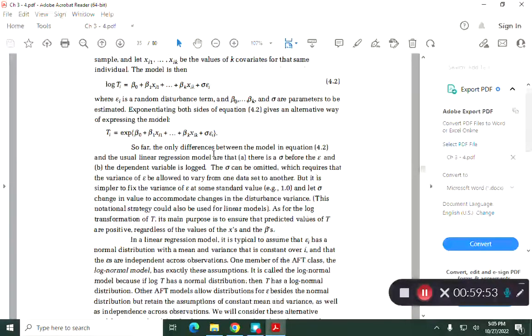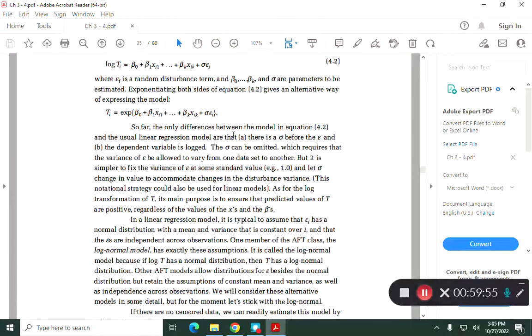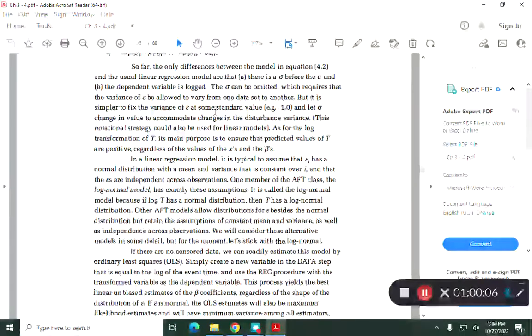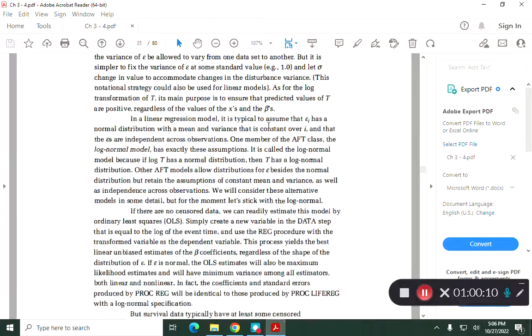But that phi could strongly influence your error term or not influence your error term. So we need to use different distributions, to discuss those distributions, okay?